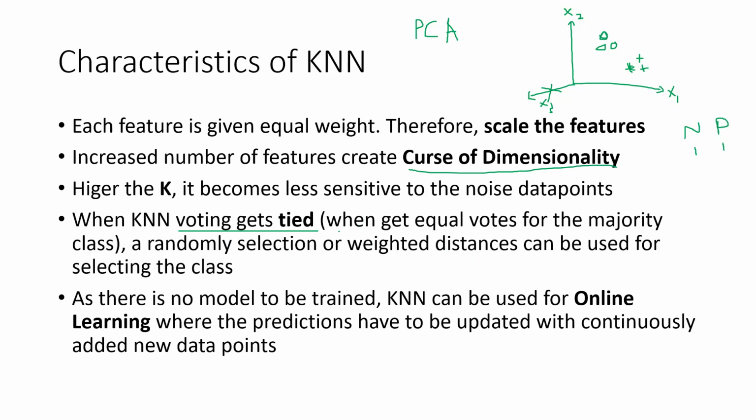So one option is to randomly select one of them, or the other option is that we can take the distance for each of the classes, right? For example, if this is the point that I am going to predict, and k is 2, suppose these are the k nearest neighbors.